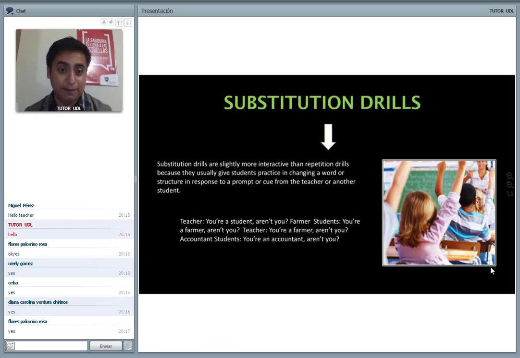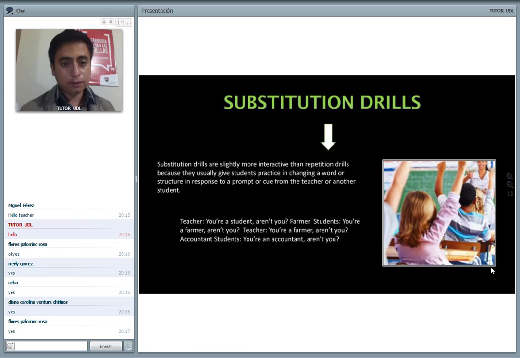But in substitution drills, it's the opposite. Here the students have the opportunity to practice changing maybe a word or a structure in response to a prompt. So it's more meaningful than just repeating the same things.